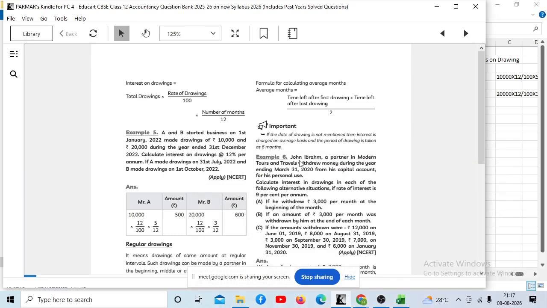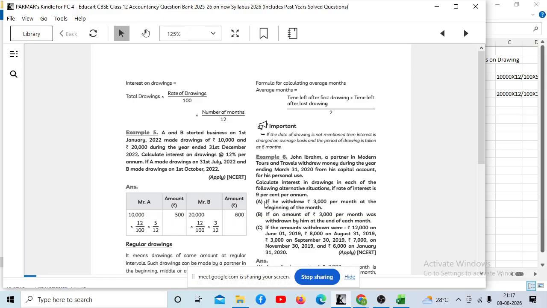John Ibrahim, a partner in Modern Tools and Travels, withdrew money during the year ending 31st March 2020 from his capital account for his personal use. Calculate interest on drawing in each of the following alternative situations if the rate of interest is 9% per annum. So it is given that the rate of interest is 9% per annum, right?